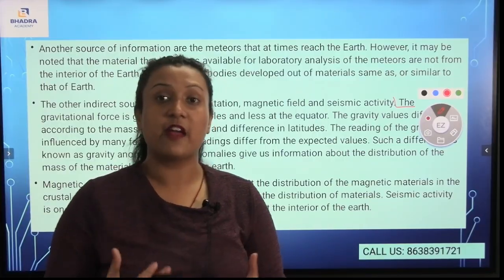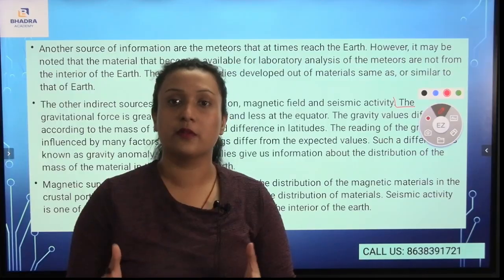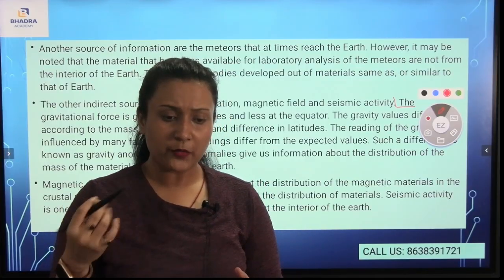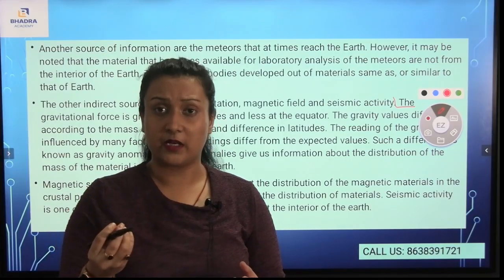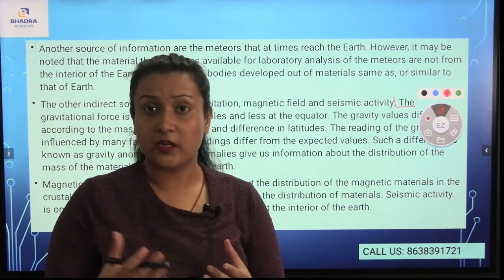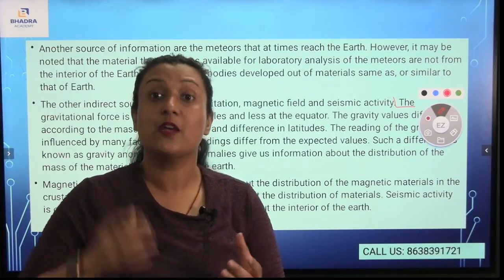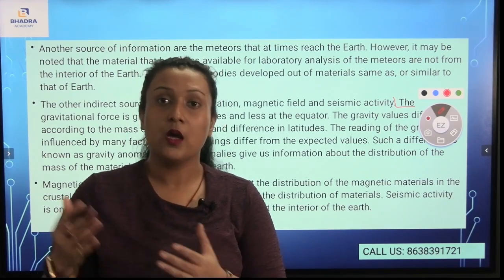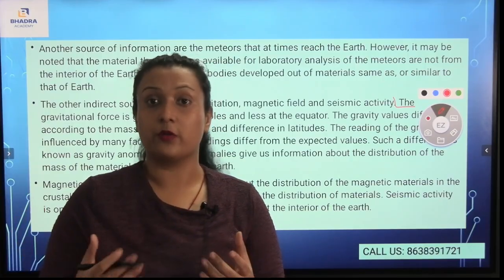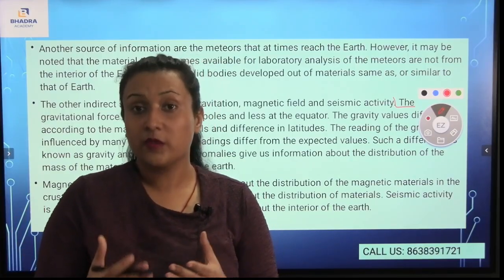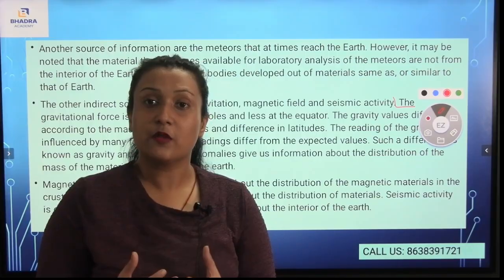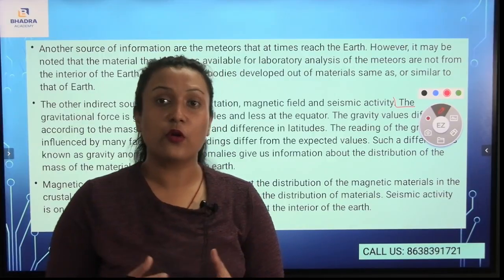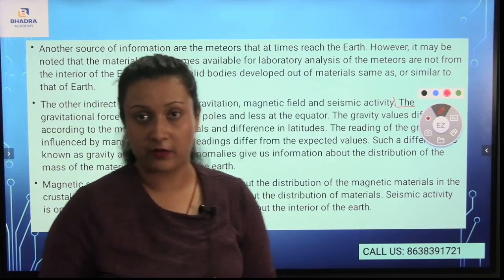Near the poles, the gravity is much higher in comparison to the equator, which means the intensity of the gravity differs according to the latitude. It also differs according to the mass of the material.